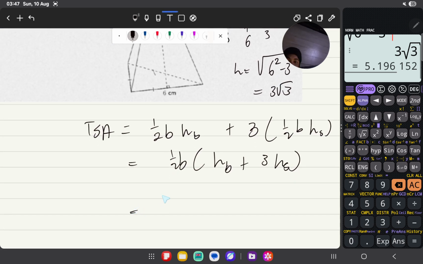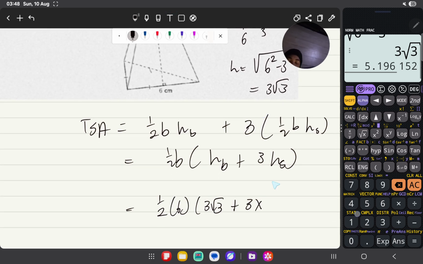So you have half base, which is 6, multiplied by 3 square root 3, plus 3 multiplied by 10.